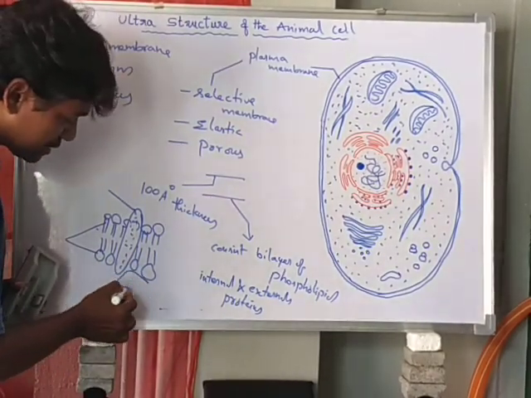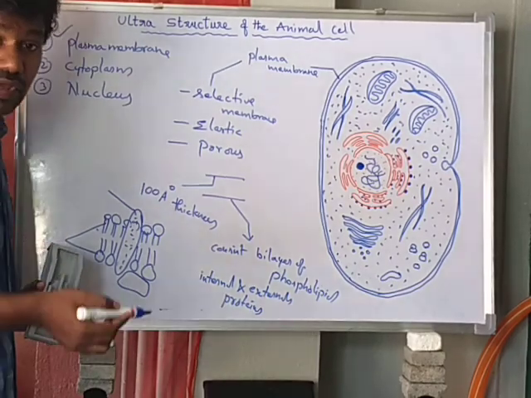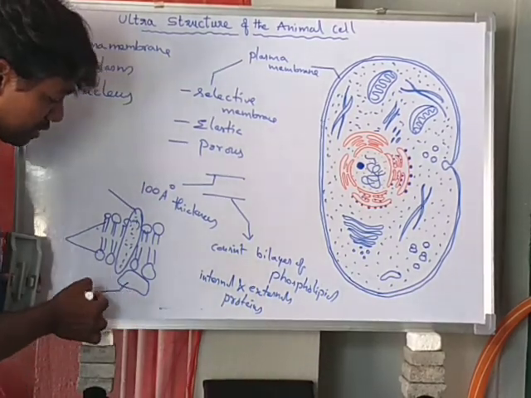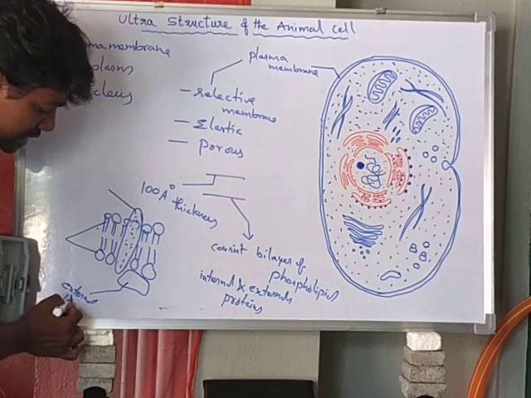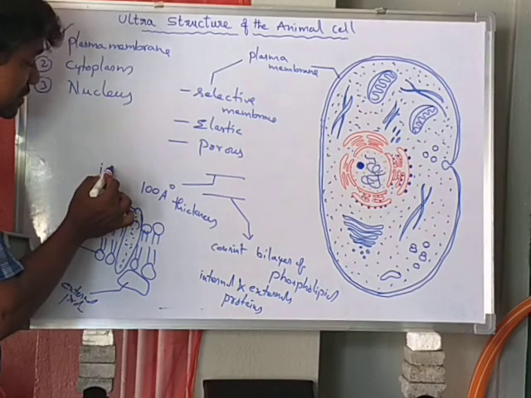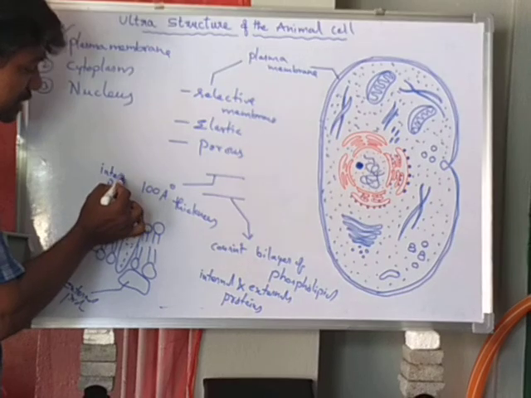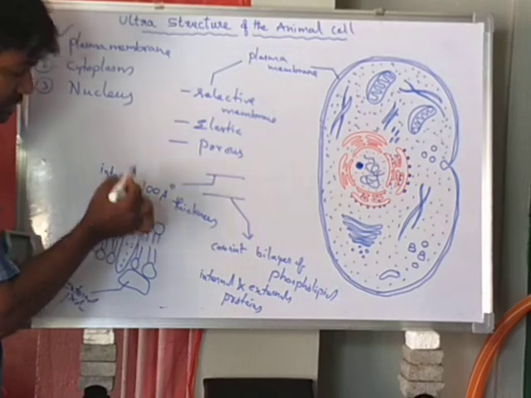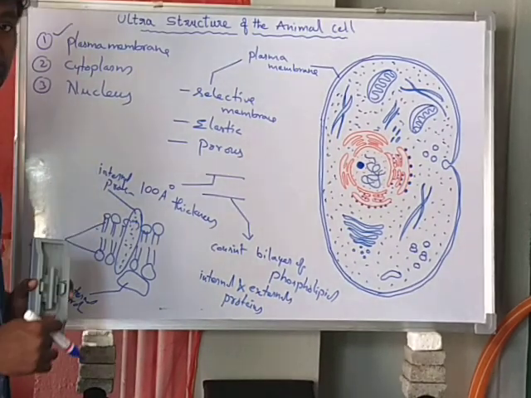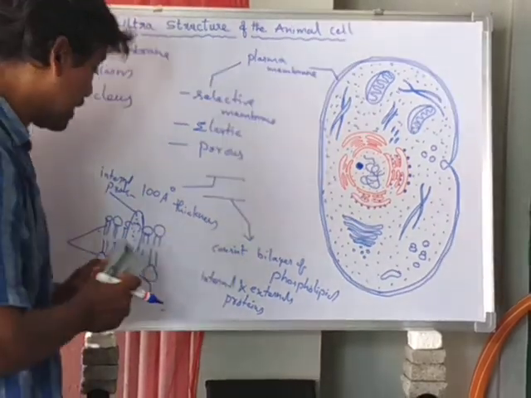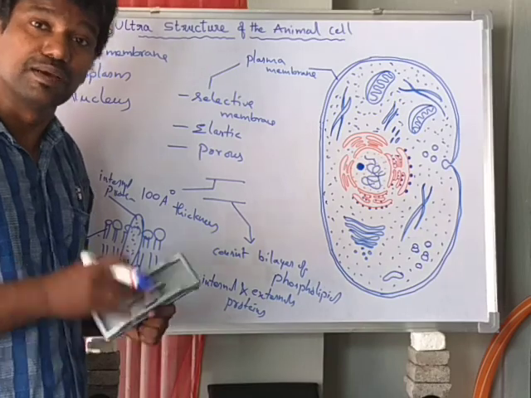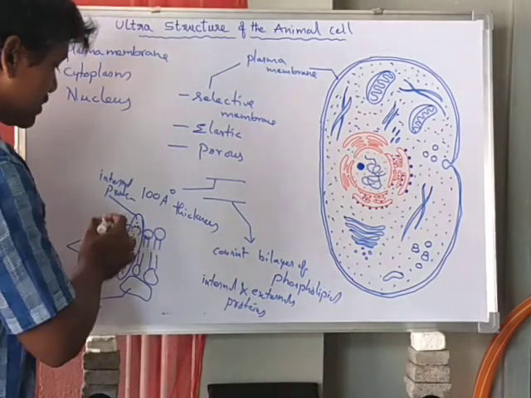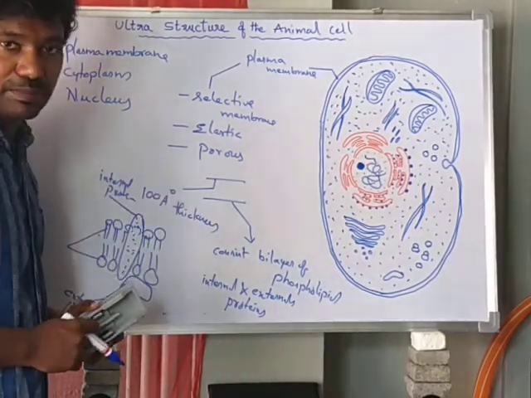Here some other proteins are also present, called external proteins. Later on we will discuss detailed information about the plasma membrane. So this is about the plasma membrane structure.